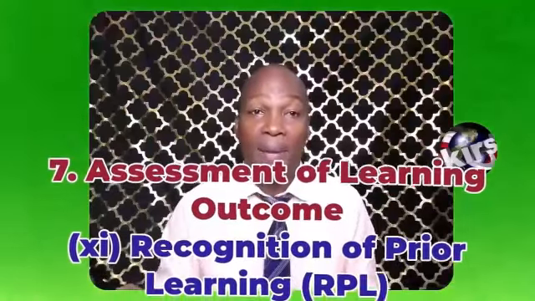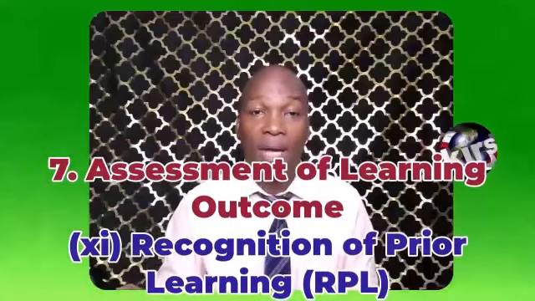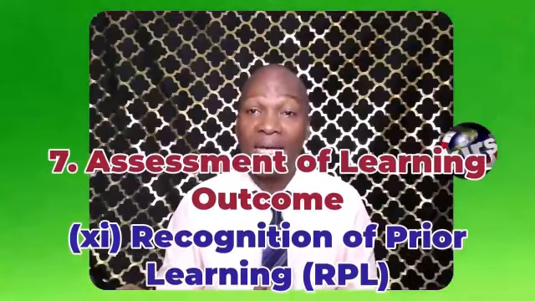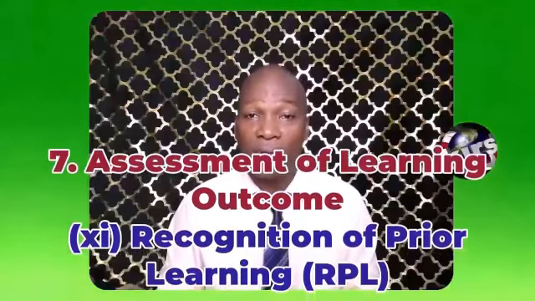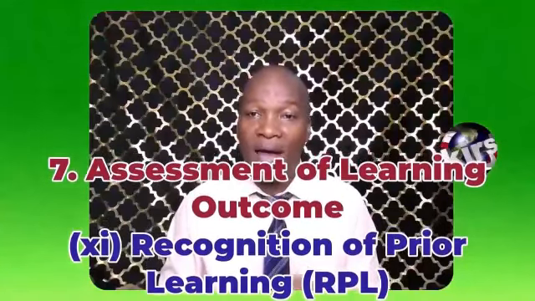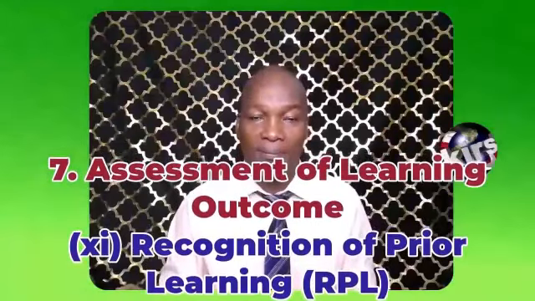Then aspect number 11 is recognition of prior learning. Recognition of prior learning is an important feature in CBET, allowing learners to receive credit for competencies they have acquired through work experience or informal learning.